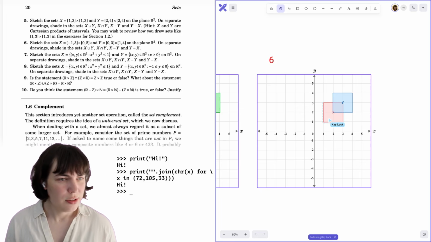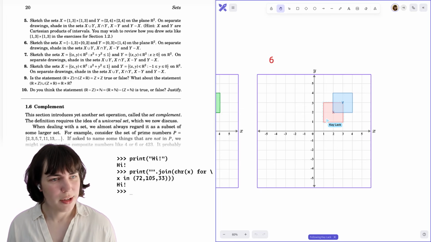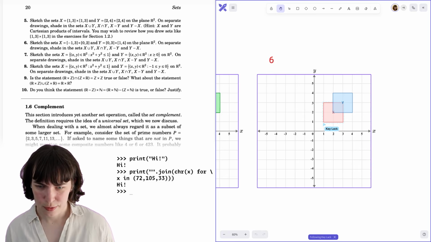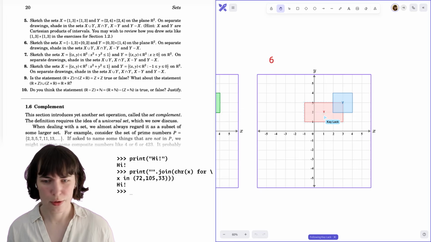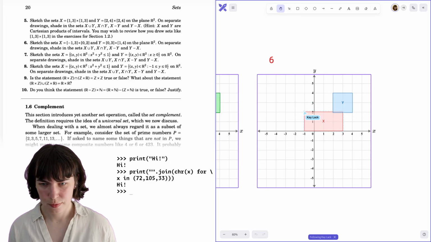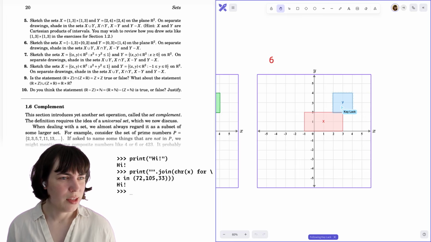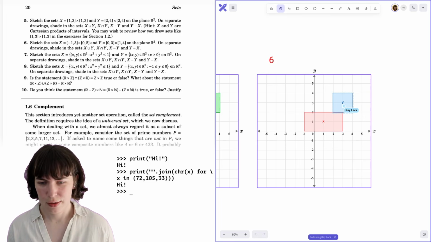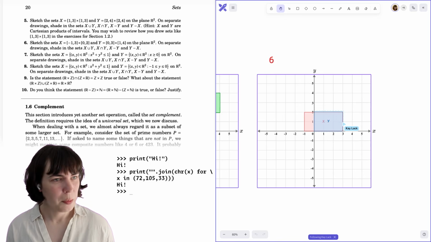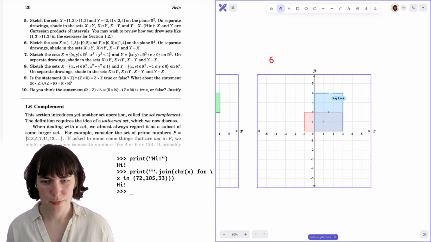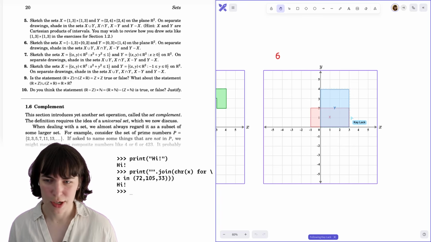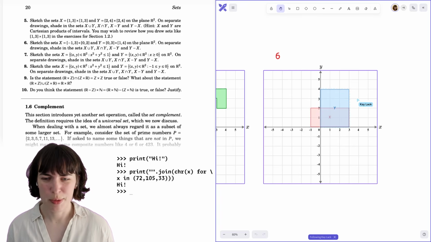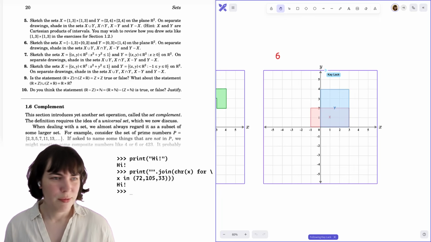Okay, now let's look at these. So these are supposed to be -1 to 3 on the x, and 0 to 2 on the y. So we've got a shape a bit like that. And then 0 to 3 on the x, and 1 to 4 on the y. So they look like that. I'm just going to do these on the same diagram. Will that be that interesting?